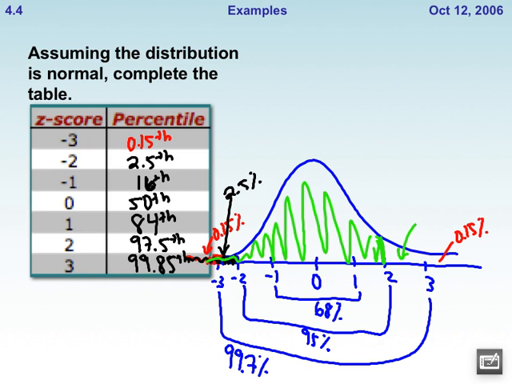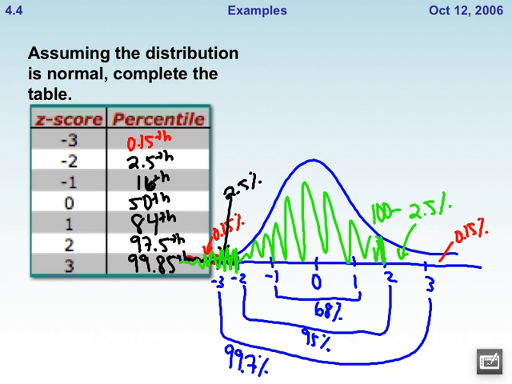So I divide it in half. So this is 2.5% here, and the same thing with that tail, 2.5%. I don't care about the one on the left, so I take 100 and subtract that 2.5%, because it's not what I'm interested in. Does that make sense? Questions, comments?